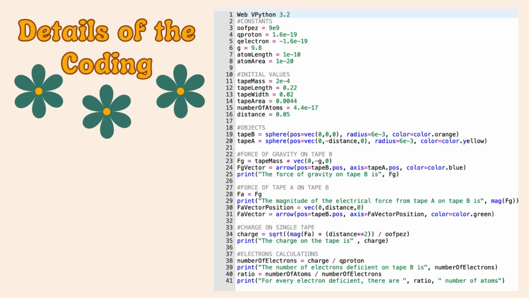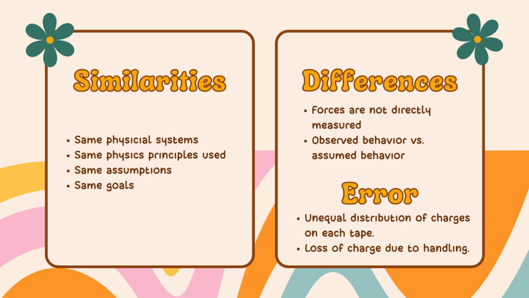Then I was able to print the magnitude. I was able to print and find values for the magnitude of the electrical force from tape A on tape B. And I was able to also find the charge on the tape and the number of electrons deficient on the tape, and then I also found that ratio. And all these values were the same as the values that I found in my actual experimental calculations.